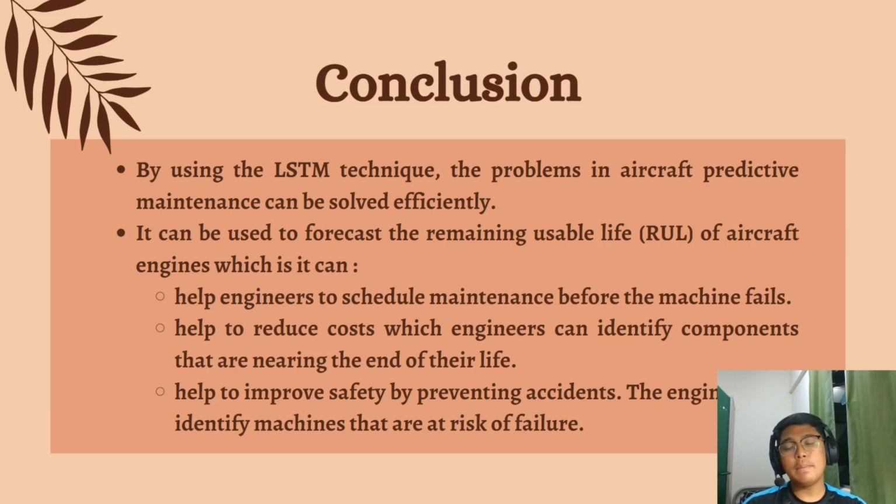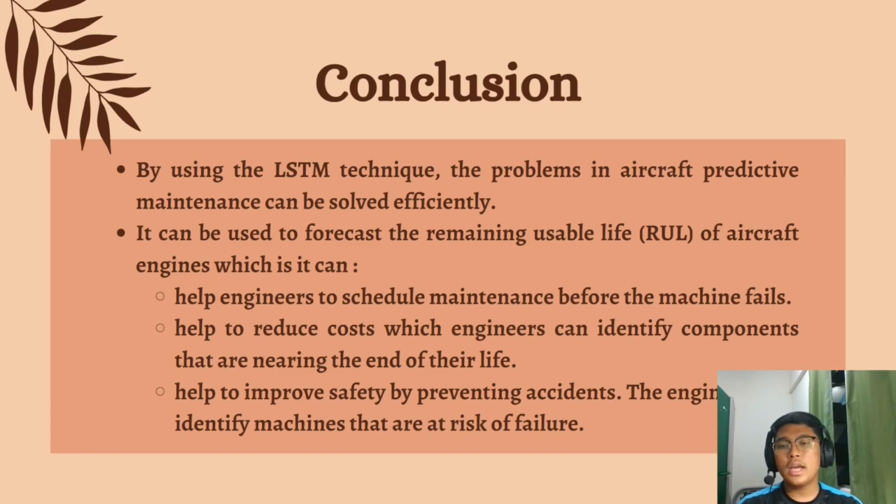Okay, so it can be used to forecast the remaining usable life or RUL of aircraft engines, which can help the engineers schedule maintenance before the machine fails. So we have to predict which component or machine might have a failure or not, so we can schedule it first, where the engineers can maintain the machine before it really fails.